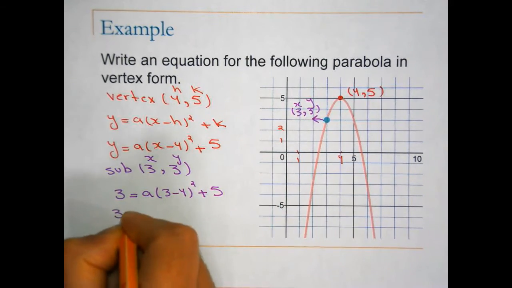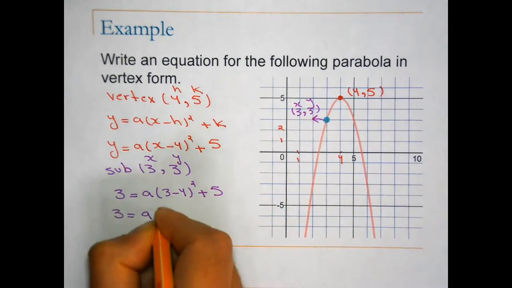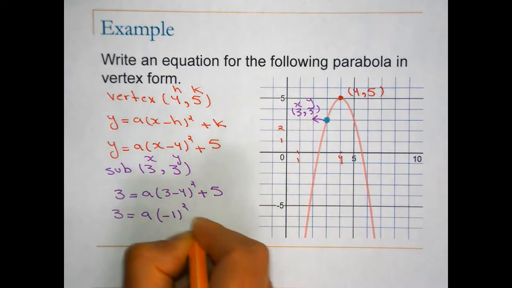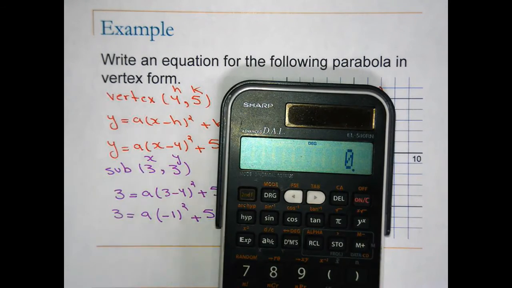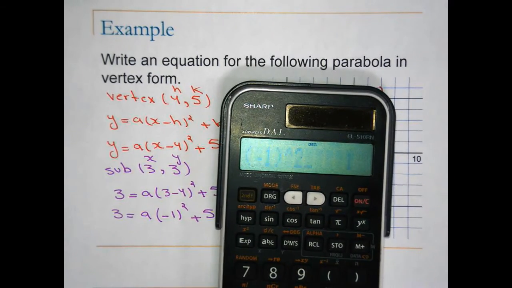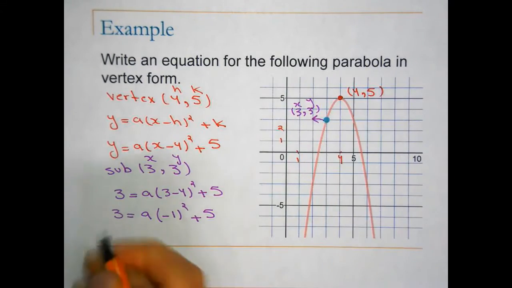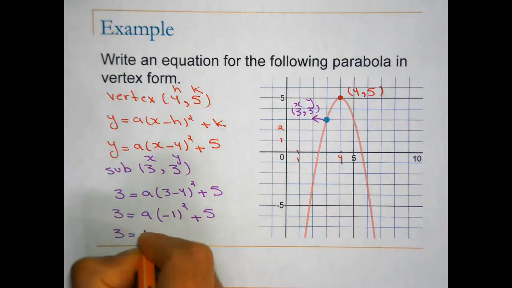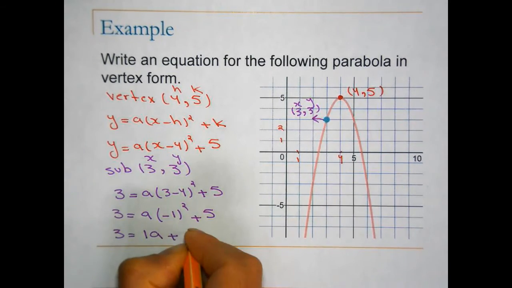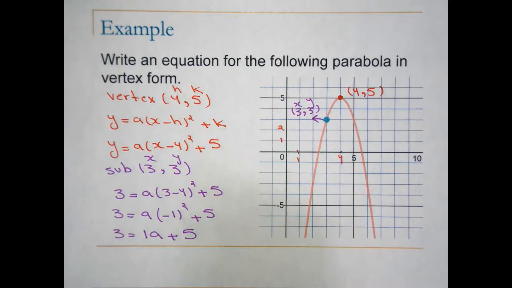So 3 equals a. 3 minus 4 is negative 1 squared plus 5. Then we have to do exponents. Don't forget that you need your brackets. So negative 1 squared equals 1. So 3 equals, you can write 1a plus 5. You always write the number before the variable.